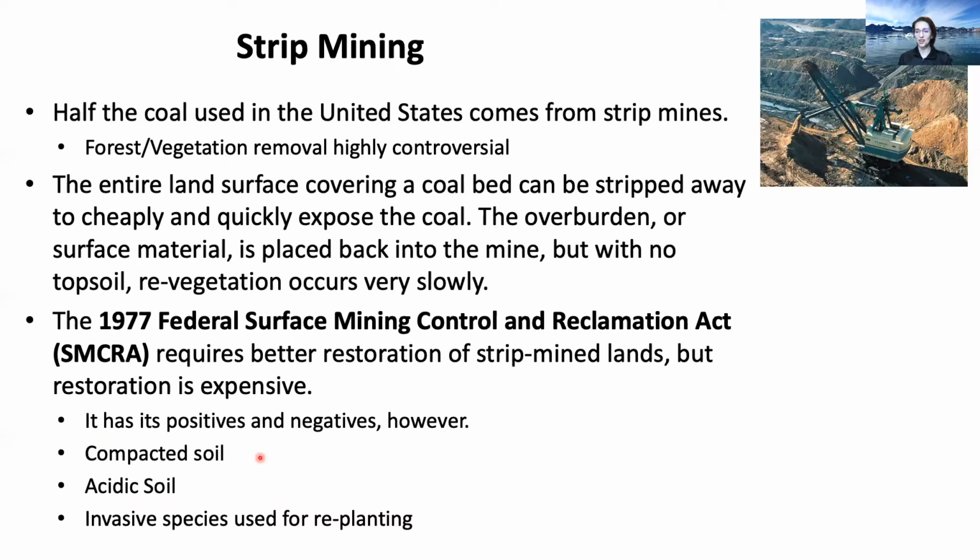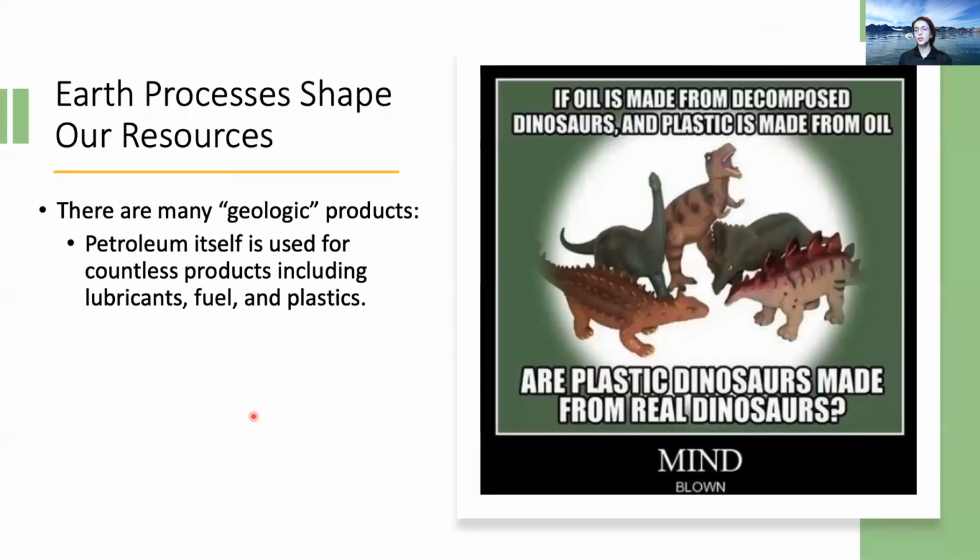And there are a lot of things that have yet to be worked out in strip mining reclamation practices. So we know that Earth processes shape the resources that we have available, including coal, but also other products and things such as petroleum.